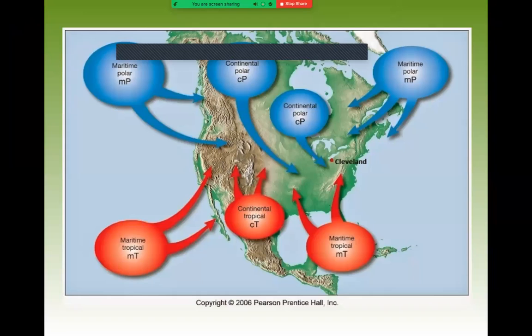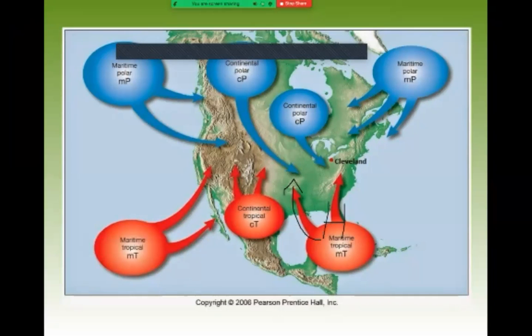Let's say you have a big H centered right here. Here's a high pressure system. That means the air is going to be moving like this out of that high pressure system, outward and clockwise. Okay.